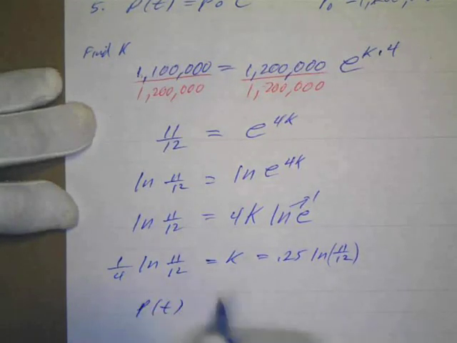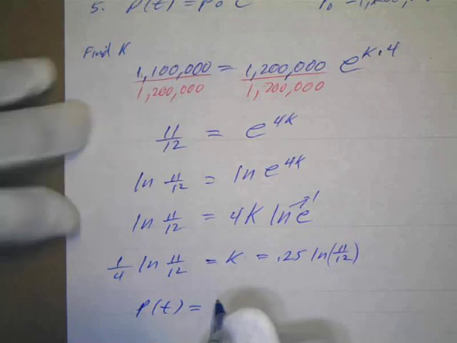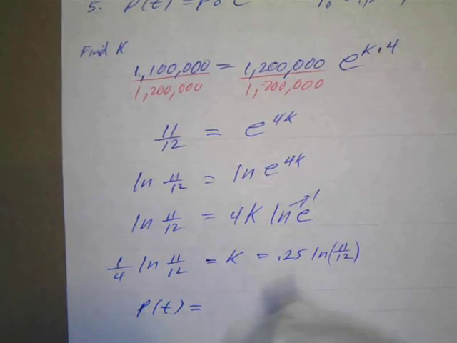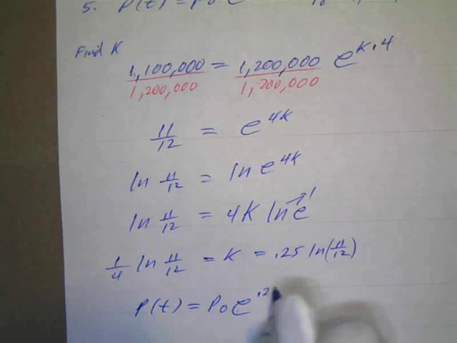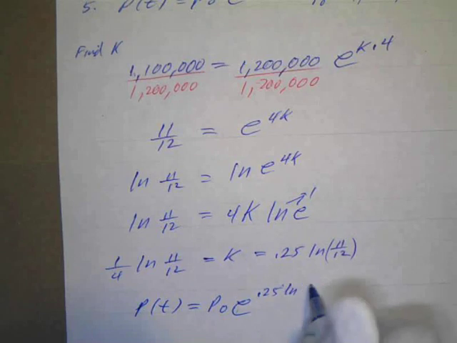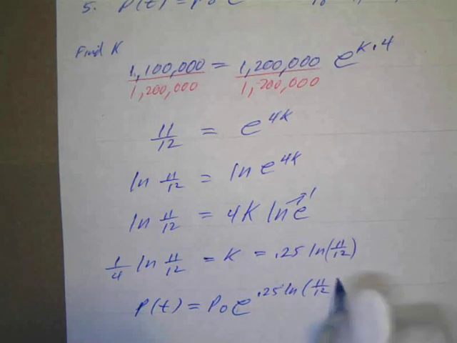So now I can put this in my formula. Population at time t equals P sub 0 times e to the 0.25 ln of 11 over 12.